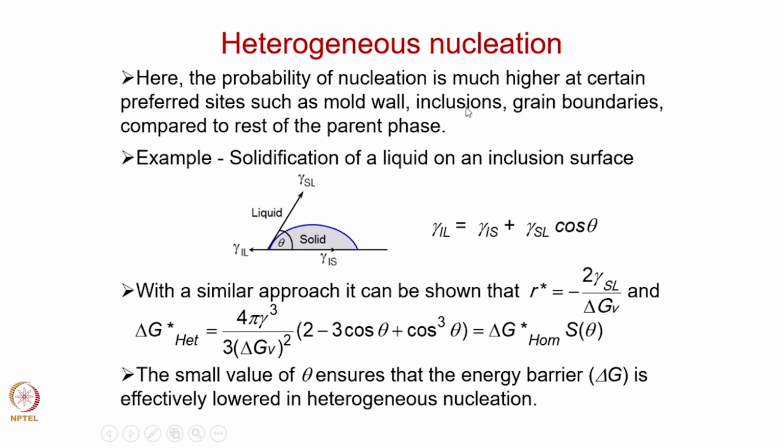Inclusions, if they are present in the liquid metal as suspended particles. Grain boundaries, right? So these are the sites which can act as the preferred or preferential sites for the first nucleus to form, right? And that is why this is known as heterogeneous nucleation, because now the nuclei will form heterogeneously at such sites rather than forming homogeneously.